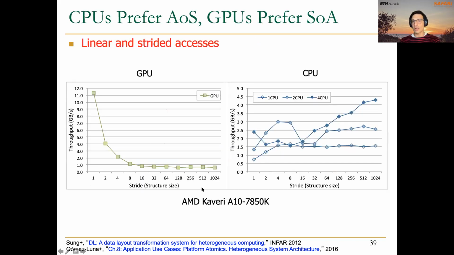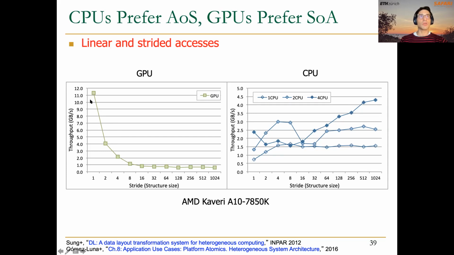And here you can actually see the effect on the sustained bandwidth, or the memory throughput, that these different ways of accessing memory may have in GPUs and in CPUs. In particular, these experiments were run on an AMD Kaveri, an integrated system with a CPU and a GPU.